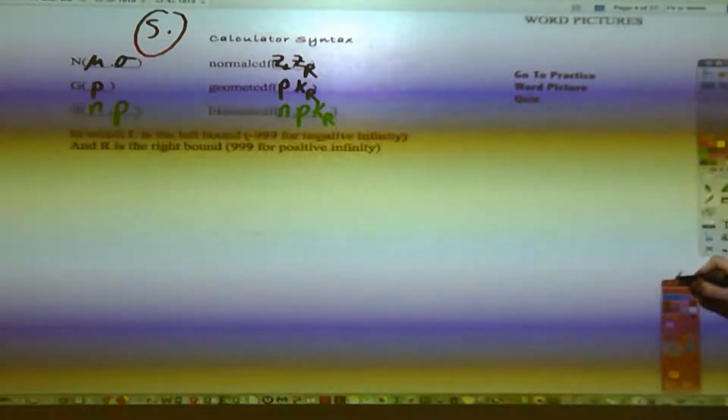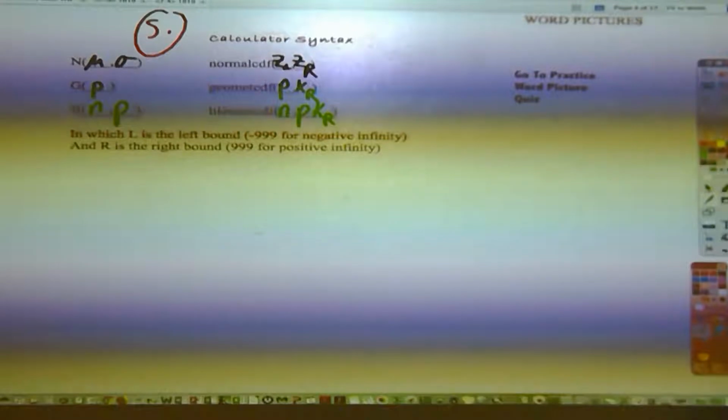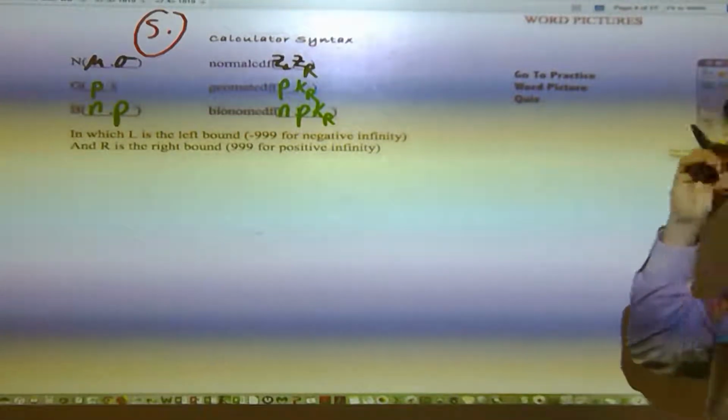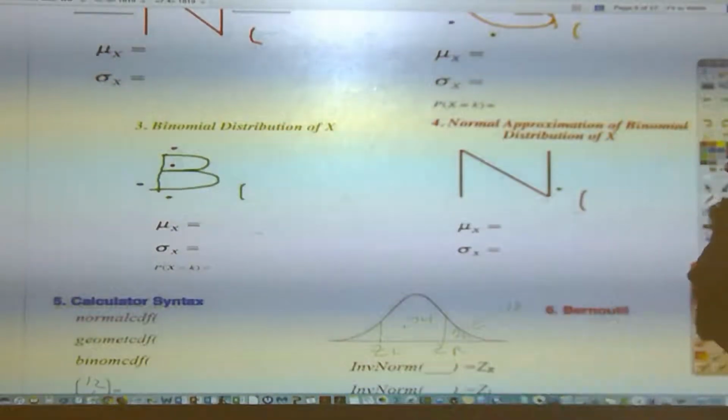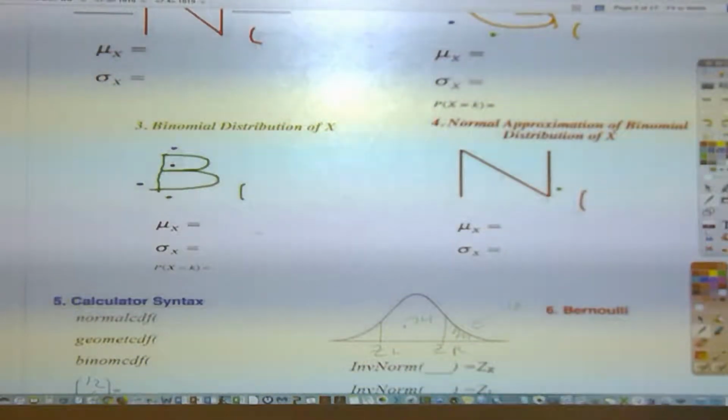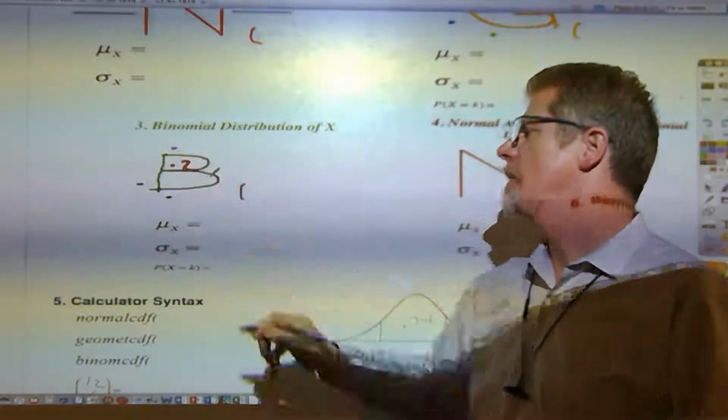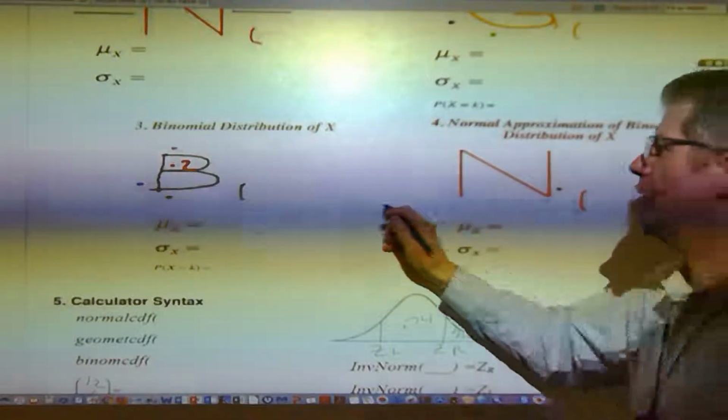Okay, so let's take a look at an example of the binomial model. It's the idea that Zoe was asking about, and we're really just at the beginnings of the stages of understanding that. What I want you to have out with you is the word picture that we started to put together yesterday, right at the end of class. The one that said in a binomial model there has to be two possible outcomes.